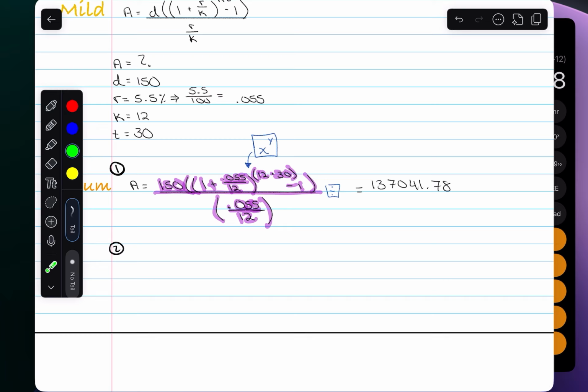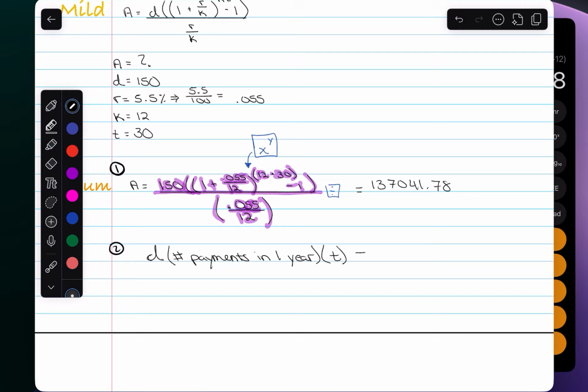But if you just want to figure out how much you put into the account yourself, what you're going to want to do is take your regular deposit times how many payments you made per year, so number of payments in 1 year, times your T, which is the number of years.